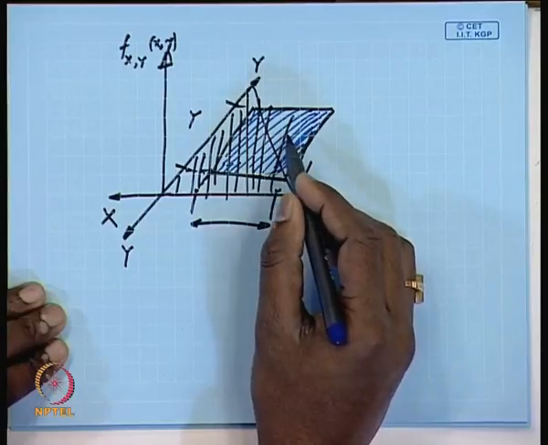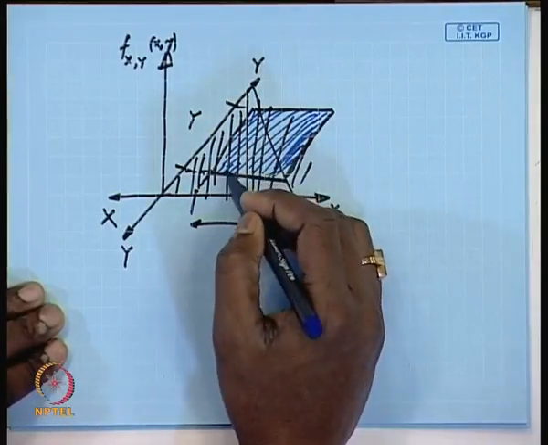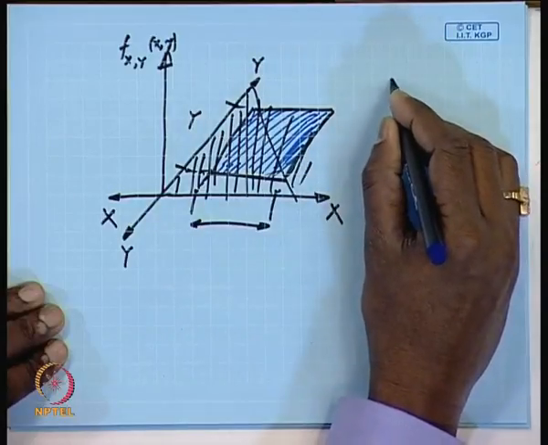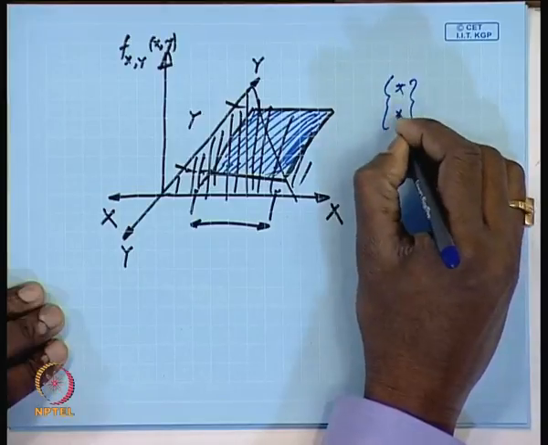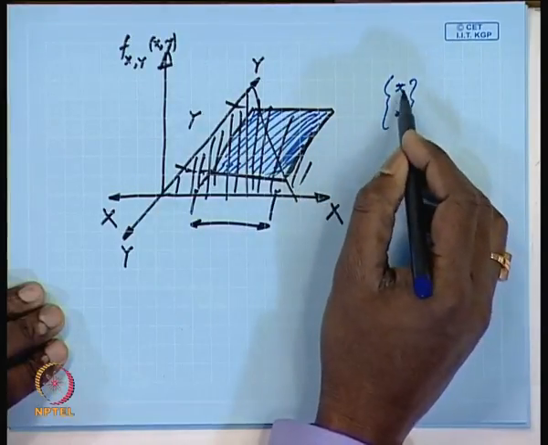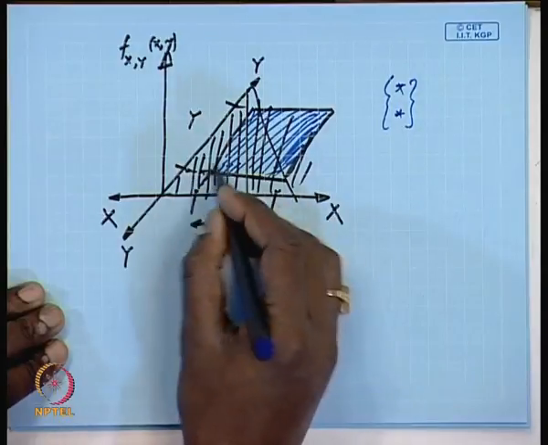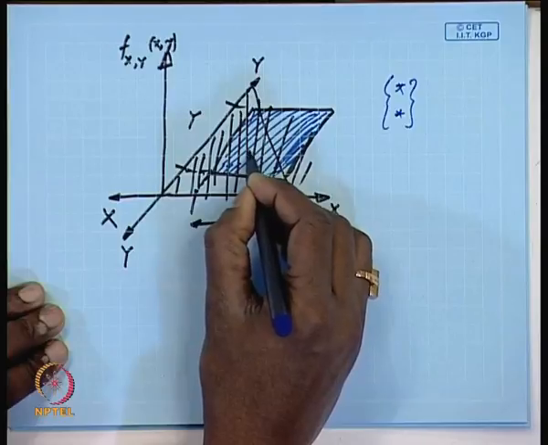Now here we used one word, the n-tuples. In the bivariate case, only two things are associated, because x equals some value and y equals some value will refer to one point here.